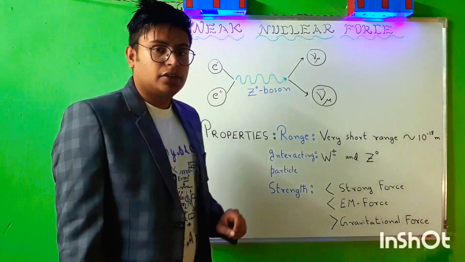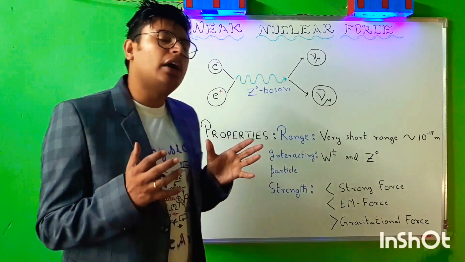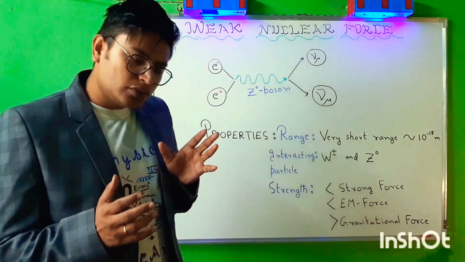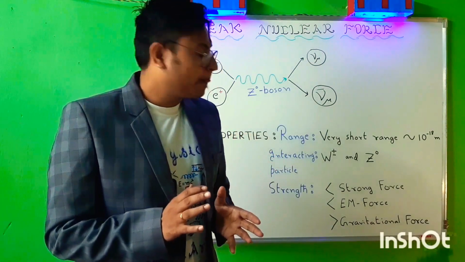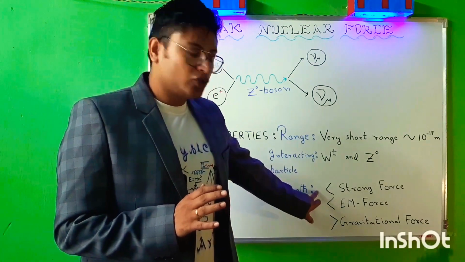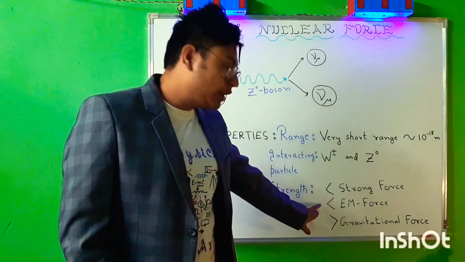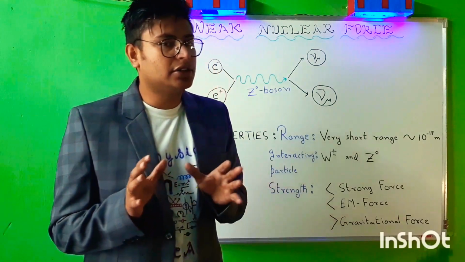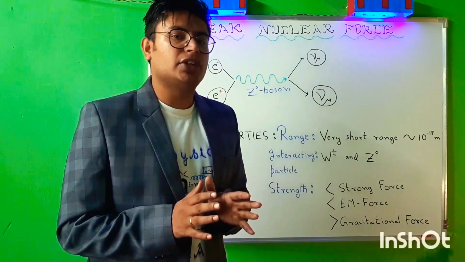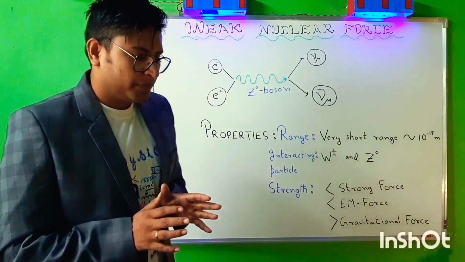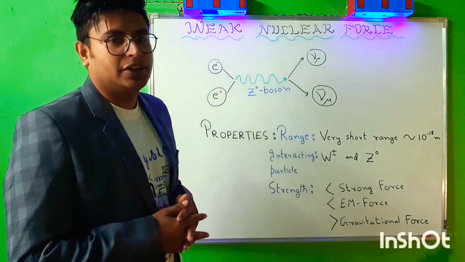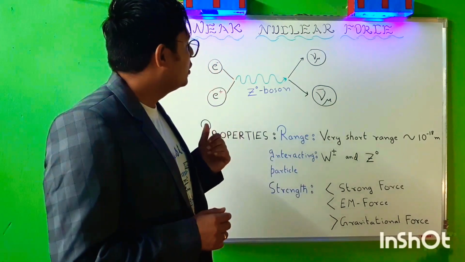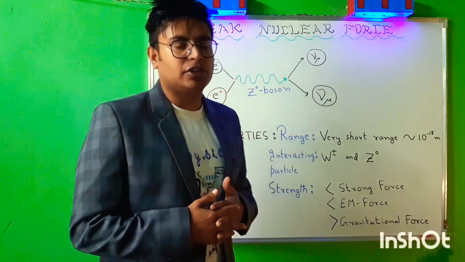The strength: we are calling it the weak force. So how weak is it? It is weaker than the strong force. It is weaker than the electromagnetic force, but it is a little stronger than the gravitational force. Yet we prefer to call it the weak nuclear force. Although the weakest is the gravitational force, yet we prefer to call it weak nuclear force. And there is a reason.